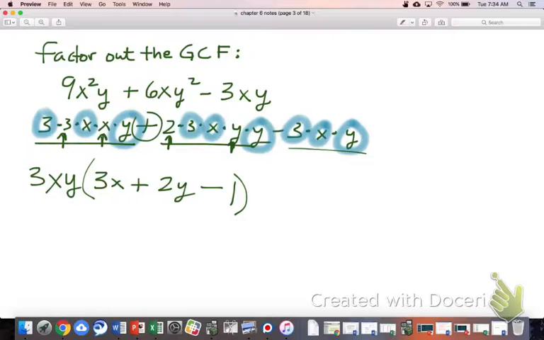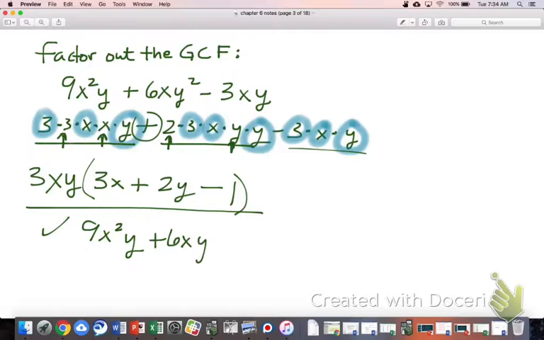And so we can maybe see why that makes sense by checking this. I'm going to strongly encourage you to check these. We can check this by doing a distributive property. So if I multiply that 3xy back in, 3xy times 3x as I distribute there is going to be 9x squared y. And then as I distribute to the second term, 3xy times 2y is plus 6xy squared.